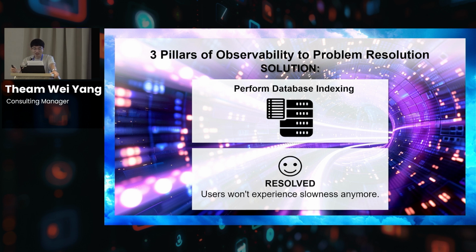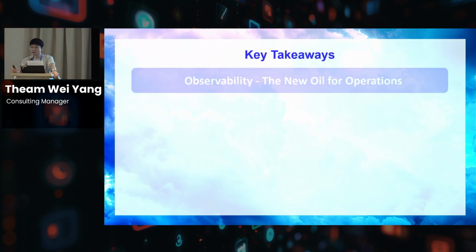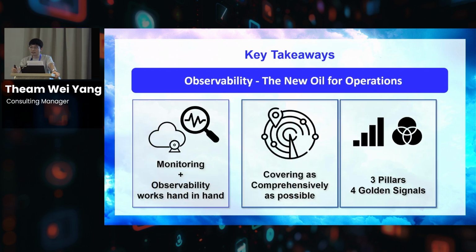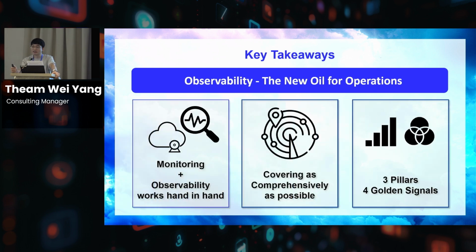All right? So before I go into my demo, I hope you guys by now have a better understanding of how observability, the new oil of operation, works. So the 3 key takeaways are: monitoring and observability work hand in hand to provide a full picture of system health.